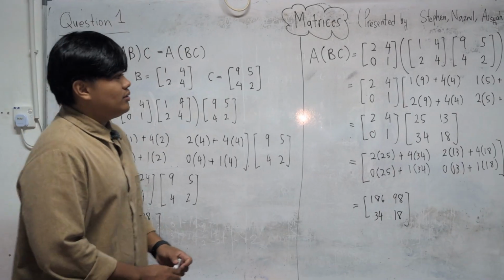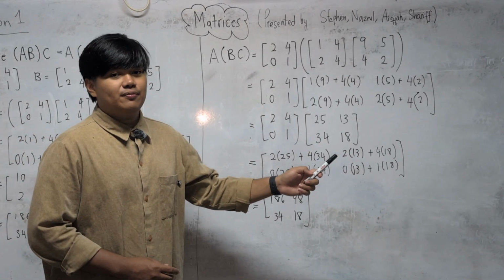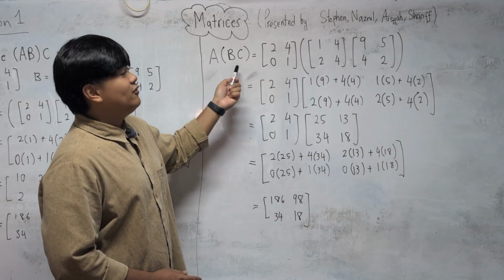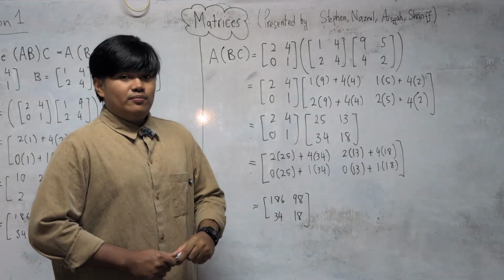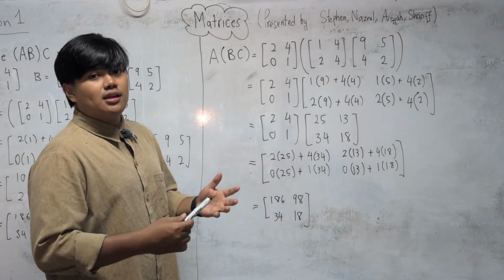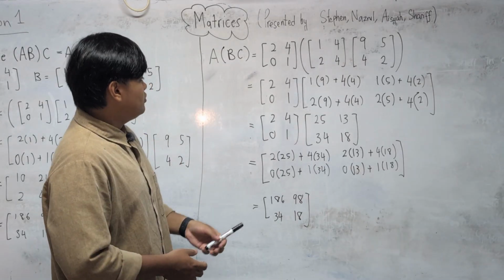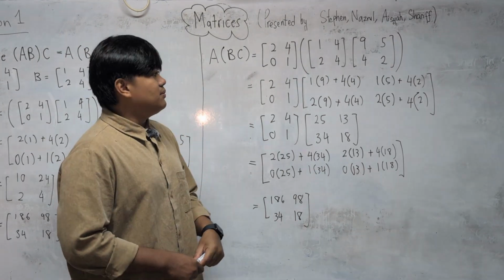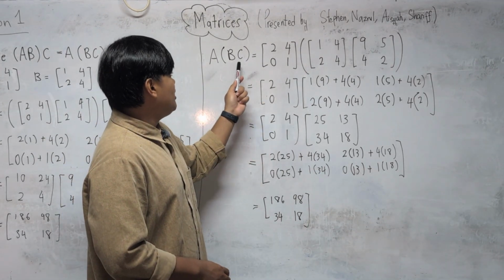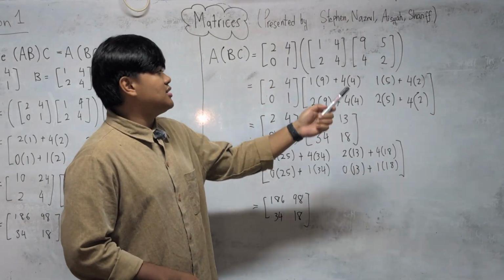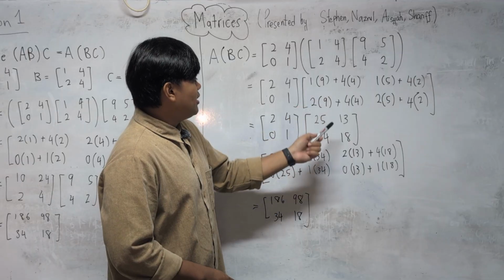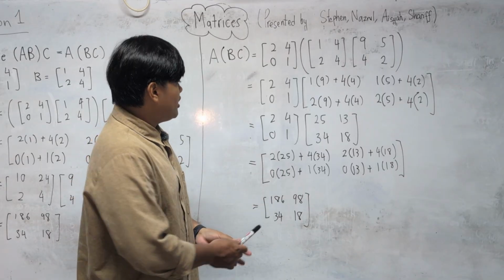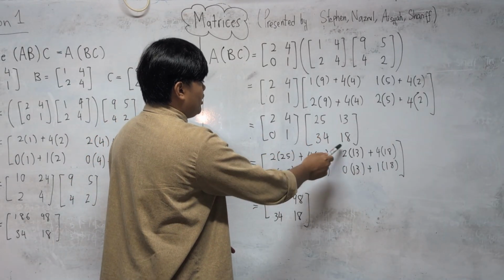Now we move to the second part of the question, A times in the bracket of BC. The steps are pretty similar to the previous one, but this one is a little bit different because now, at first, we multiply matrix B and matrix C. After we're done multiplying it, we can multiply the product with A. So the product is 2, 5, 13, 34, 18.